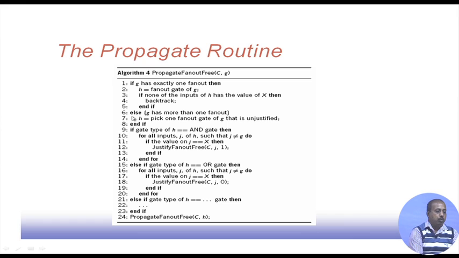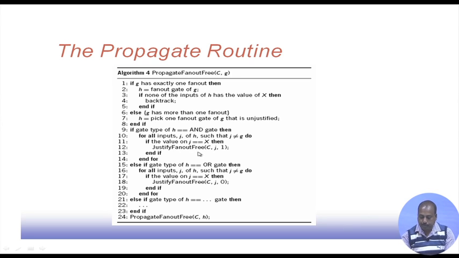Otherwise, if G has more than one fan out, then it will pick any one fan out of G that is unjustified, so it is not yet taken care of. Now it will try to propagate this G through this H. This H is an AND gate, and for all inputs J of H such that J is not equal to G, if the value on J is X, then it will try to propagate.